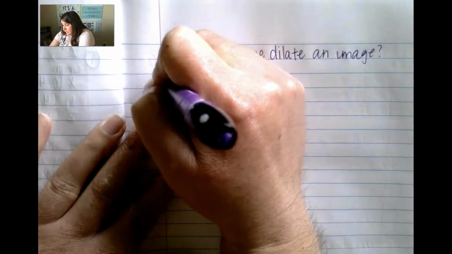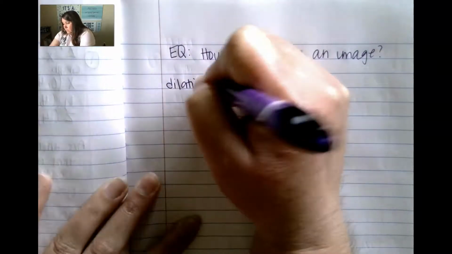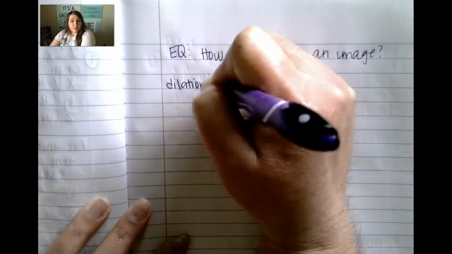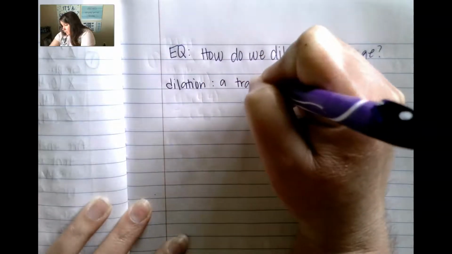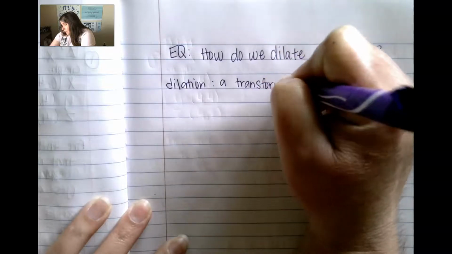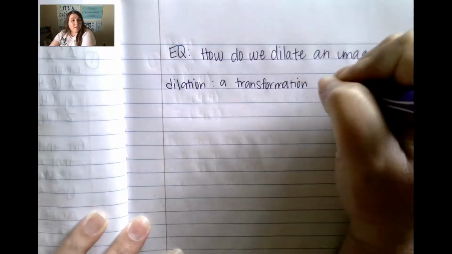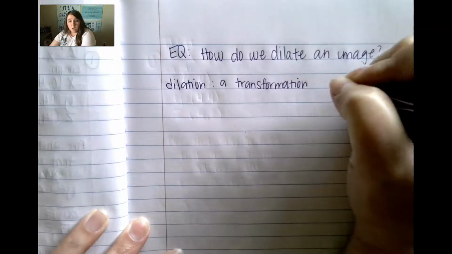Okay. So, first of all, what is a dilation? Well, a dilation is a fancy word for a transformation. So again, we're changing the shape. A transformation in which the figure becomes larger or smaller.